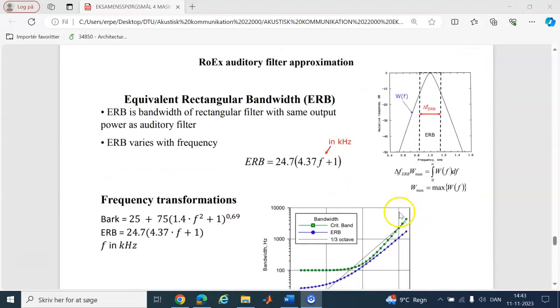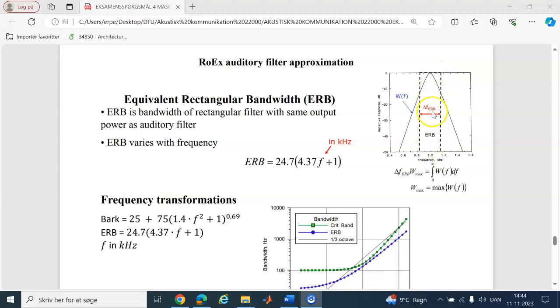And we have the equivalent rectangular bandwidth. The ERB is the bandwidth of a rectangular filter with the same output power as the auditory filter. This figure is a little bit sloppy, but it means there's an integral here with the ERB times the maximum of the curve.